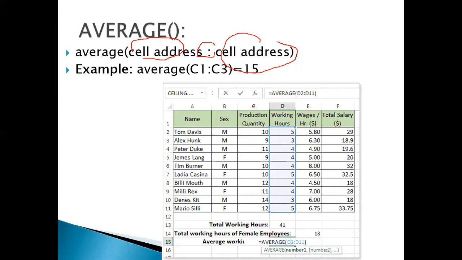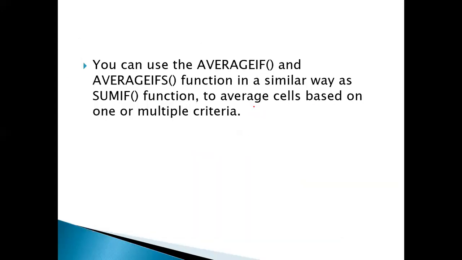Now, in the same way, average if functions can be used just like the sum if function. Instead of the sum of B part or sum of A part, you can do the average of B part and average of A part the same way.